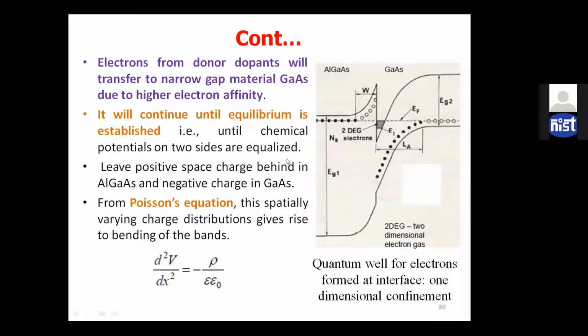So it leaves a positive space charge behind in AlGaAs and a negative charge in the GaAs region. So we need to solve this to find out the electrostatic potential by using Poisson's equation.